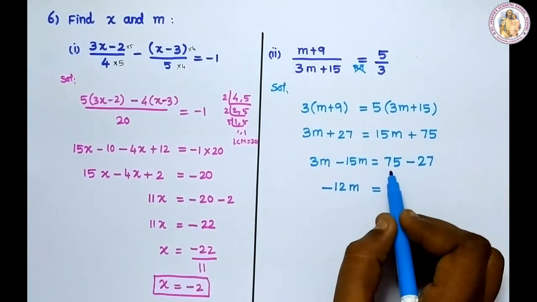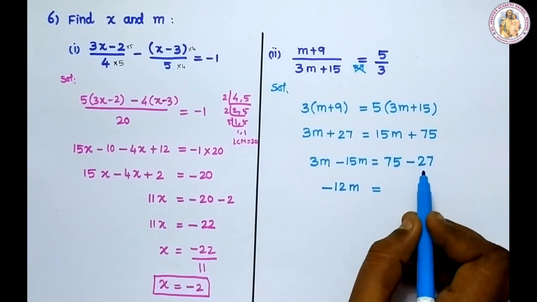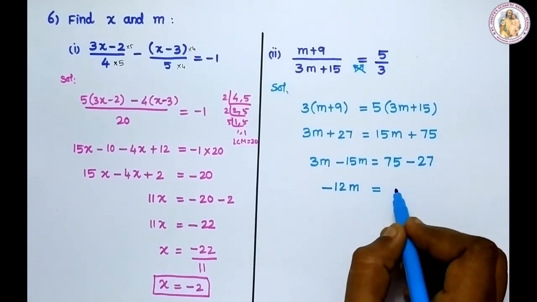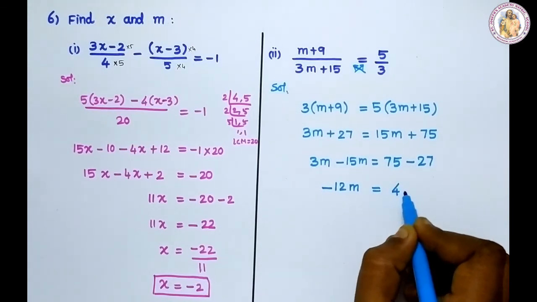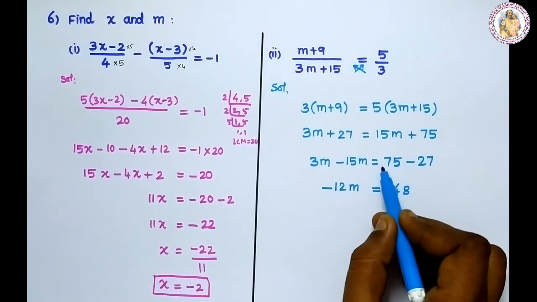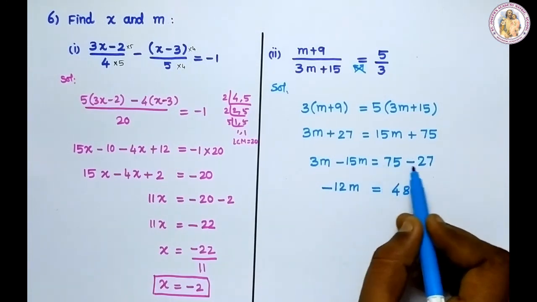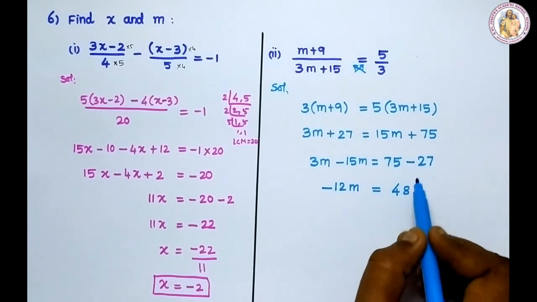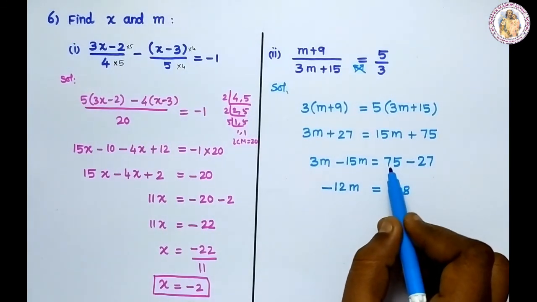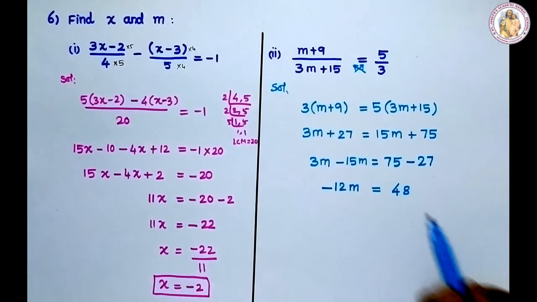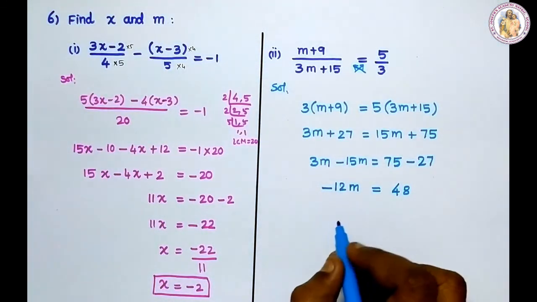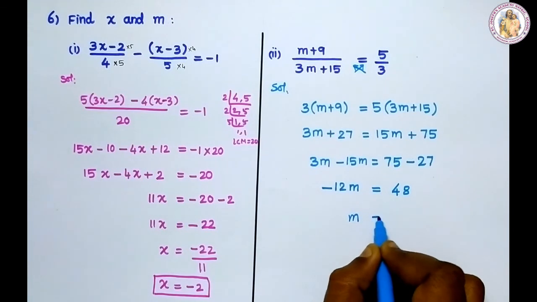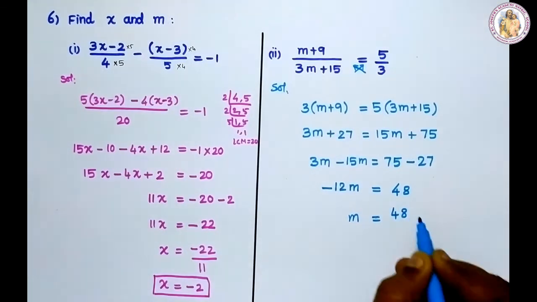Equal to 75 minus 27. We get 48. Different sign, right? Plus minus. So we have to subtract the numbers, 48. Which one is greater here? 75 is the greater one. That sign is plus. No need to put plus. So minus 12m equal to 48.